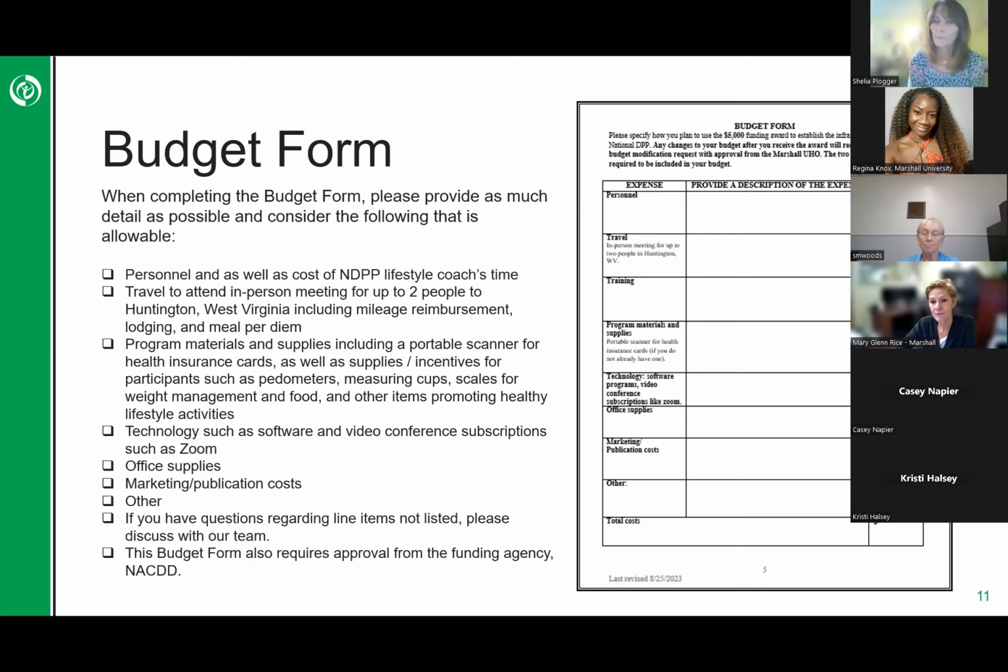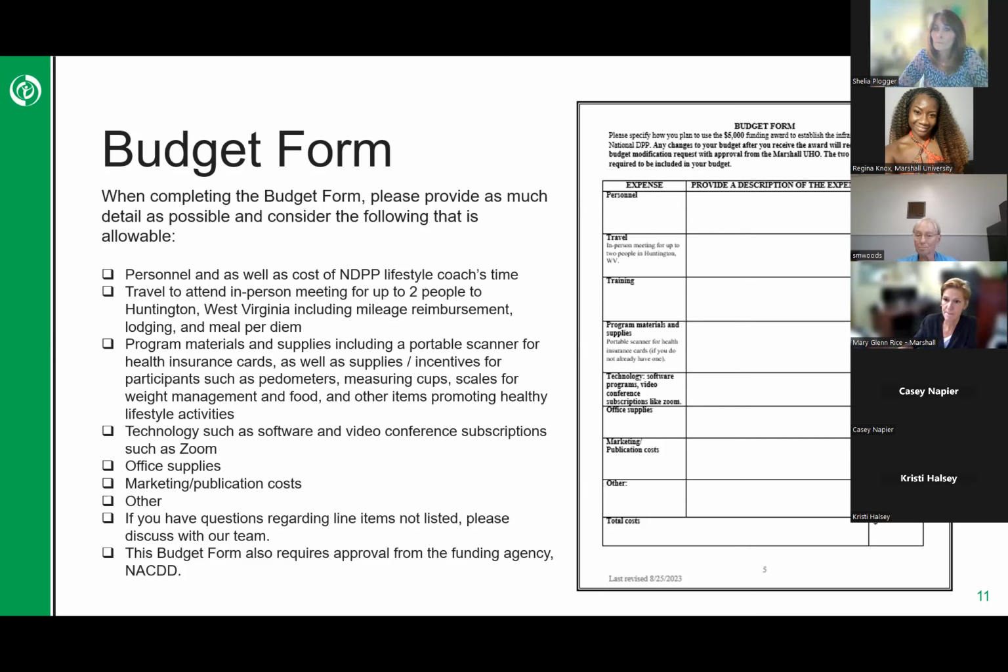Can I add something? Certainly. So we know that $5,000 is nowhere near enough to develop a quality program, but the goal is to help you grow your National DPP through the reimbursement process.